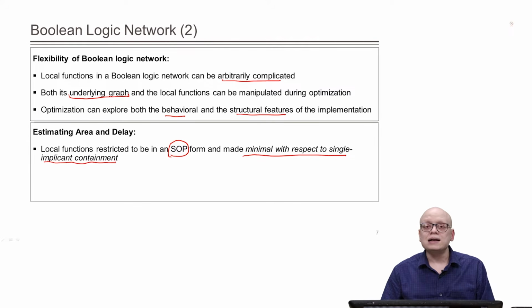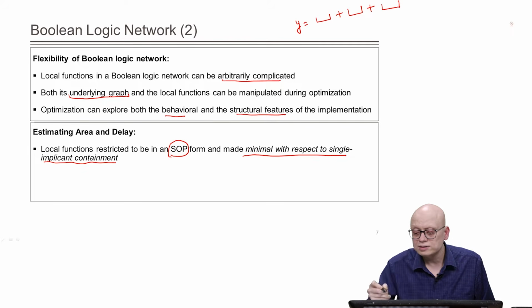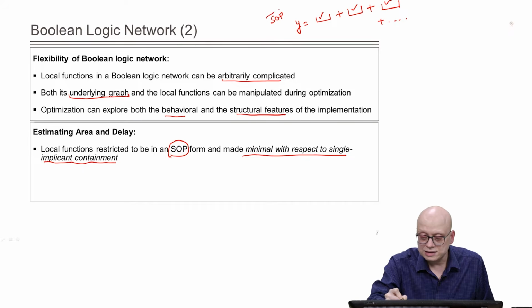What we are saying is that if there is an expression, say y is equal to one product term plus another product term, and so on, these are product terms, and then we are taking a sum. This is an SOP representation, and this is how we represent the local function.